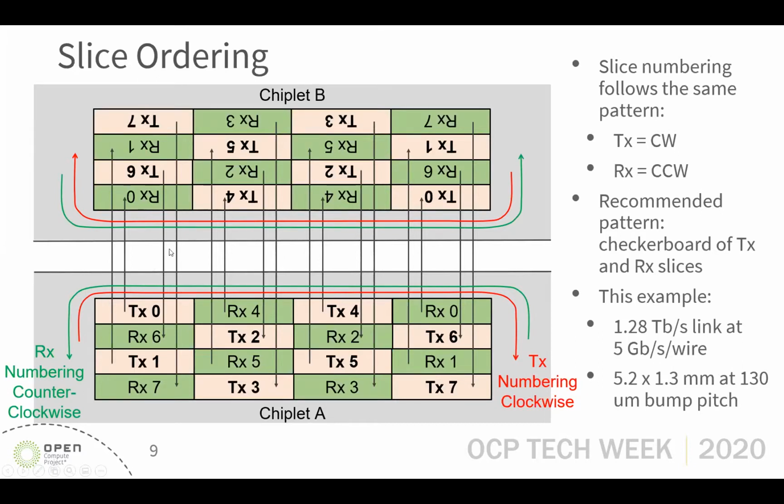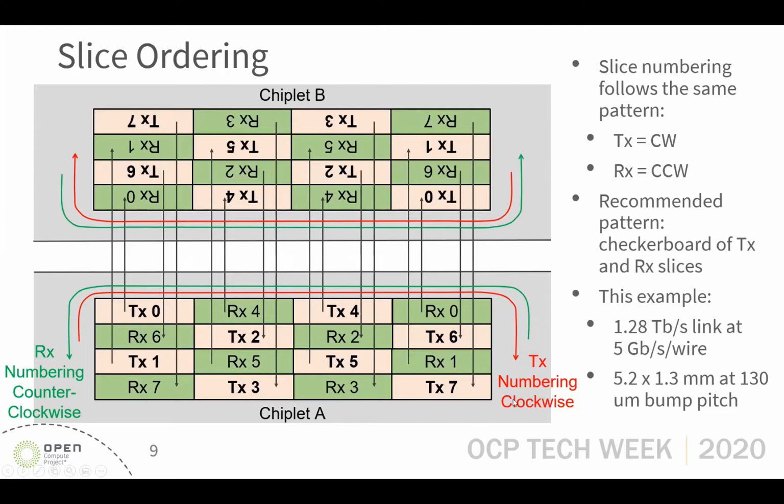That's a requirement, but as a recommendation, for a symmetric link we recommend that you use a checkerboard pattern, and this actually allows you to have different stack depths. I could have a 3 stack on this side and a 4 stack, or a 2 stack and a 4 stack, and the checkerboard allows you sort of maximal flexibility for connecting different kinds of stacks together.